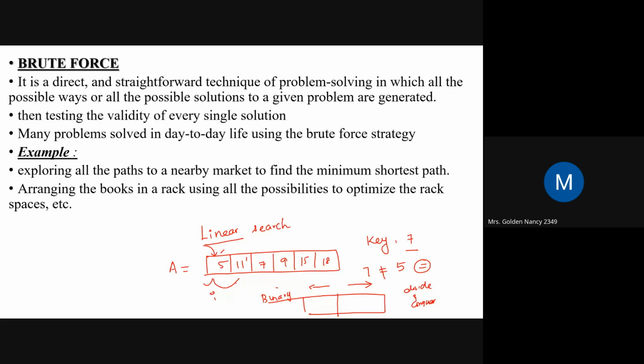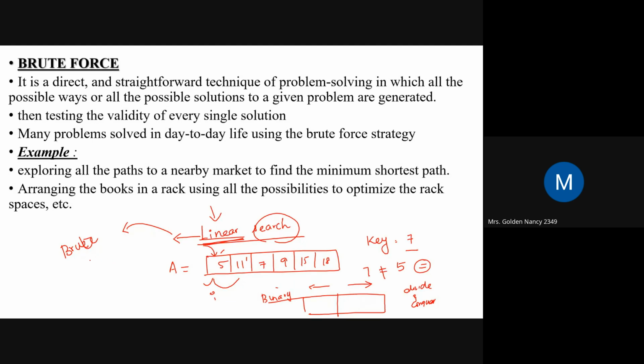But brute force actually works based on the linear search approach. That is, brute force is a straightforward approach. The search is the problem, and for that we are going linearly to find an element. That is our solution. This linear search comes into the category of the brute force approach. So brute force is a direct strike.